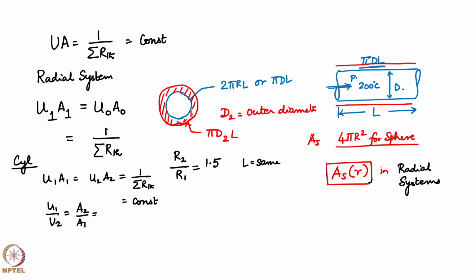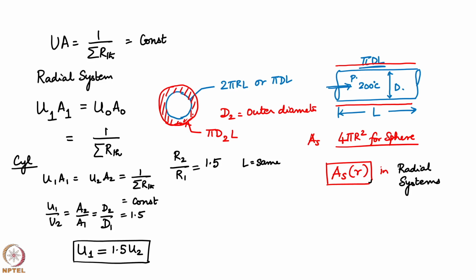For a cylinder, it is pi d2 L by pi d1 L, cancel, d2 by d1 is 1.5, which means U1 is 1.5 U2. Okay. U is not a constant, U times A is a constant. That is the take home from this.